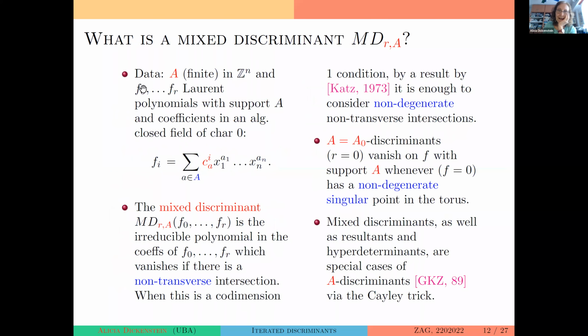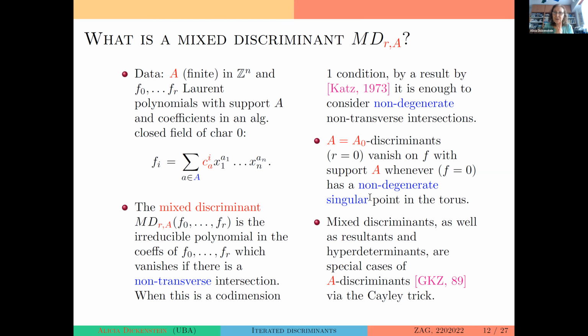And so we take r plus 1 Laurent polynomials f_0, ..., f_r with support A and coefficients in an algebraically closed field of characteristic 0. Each f is again identified with a vector of coefficients. So the mixed discriminant is a polynomial in all these entries, which will vanish if there is a non-transverse intersection.